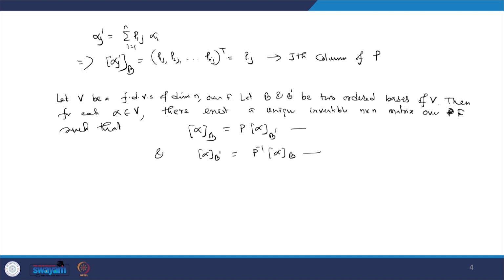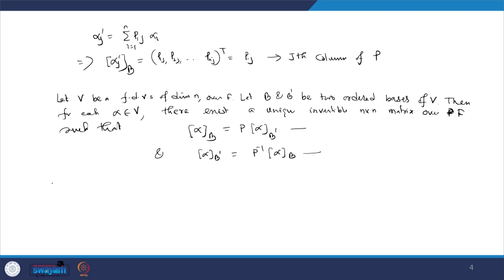Then does there exist an ordered basis B prime such that the coordinate matrix of any vector alpha with respect to ordered basis B will be equal to P times the coordinate matrix of alpha with respect to that ordered basis B prime, say? That is the question, please. The answer is again yes, one can have a second ordered basis if an invertible n cross n matrix is given to us, which of course has to be defined over the corresponding field, please.